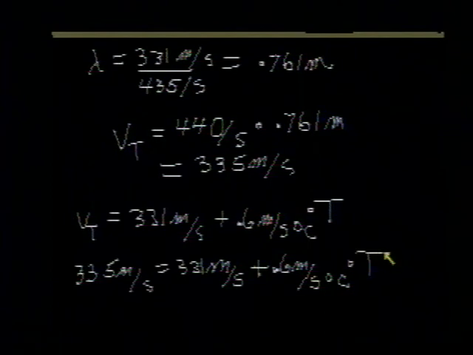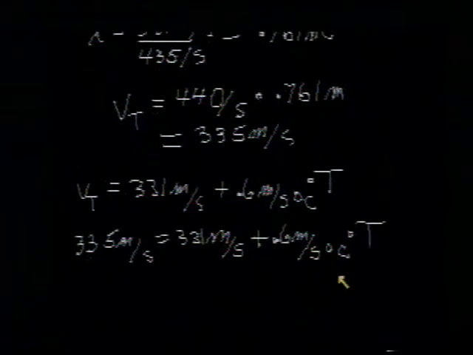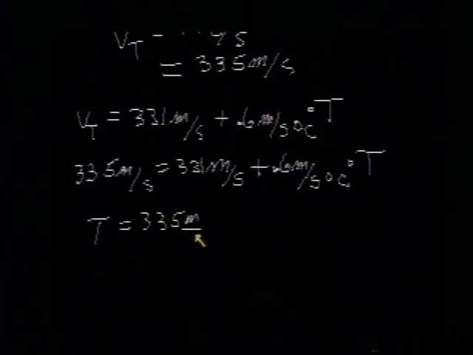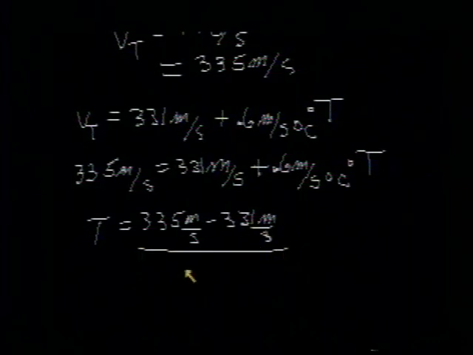The only unknown in that equation is the temperature T. If I solve for it, I would have T is equal to 335 meters per second minus 331 meters per second divided by 0.6 meters per second per degree centigrade.